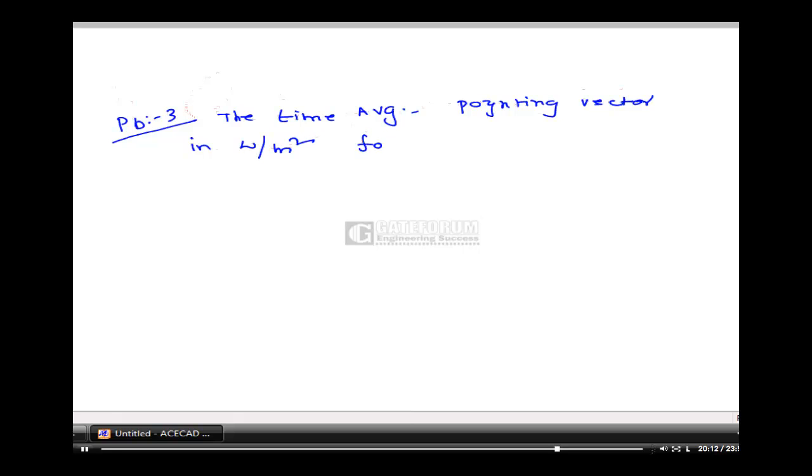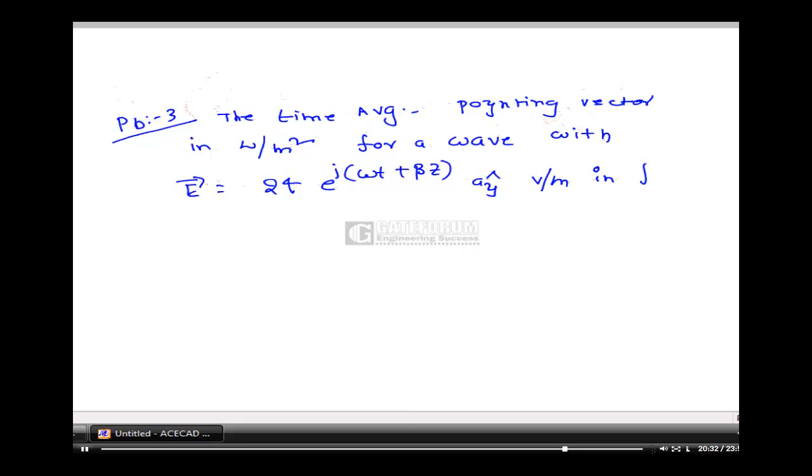Next problem is problem number 3. The time average Poynting vector in watt per meter square for a wave with E bar equal to 24 e power j (omega t plus beta z) ay cap volt per meter in free space is: option A, minus 2.4 by pi az cap.